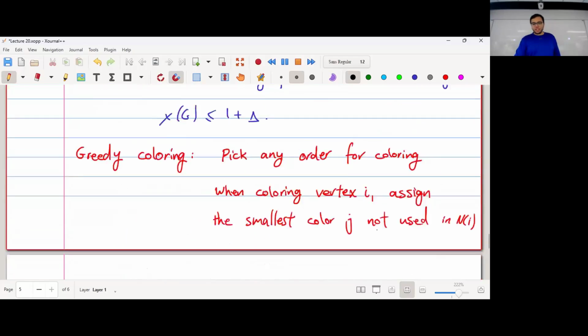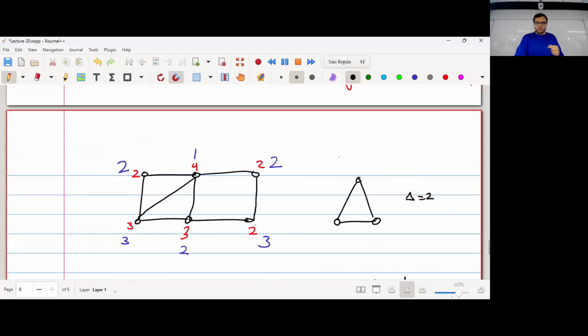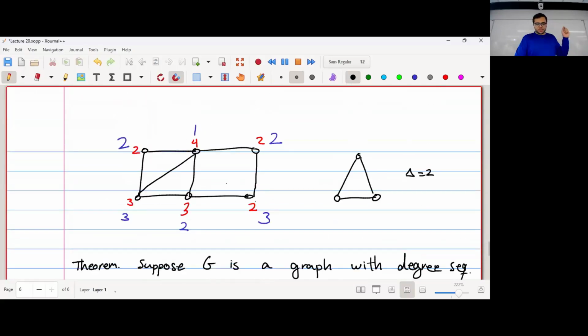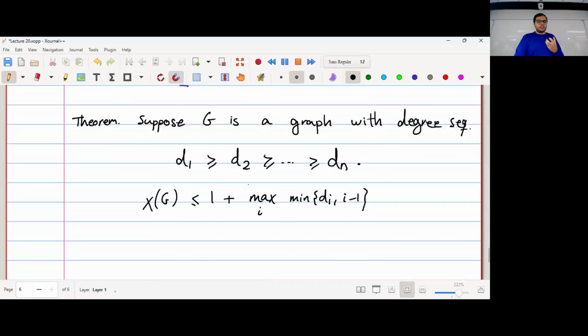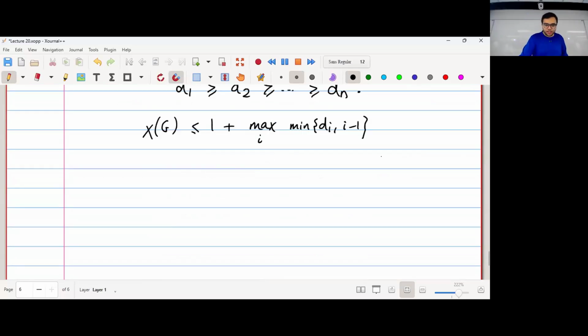People knew this algorithm, the greedy coloring, and then they were thinking, okay, suppose that instead of picking any order, I pick the order of decreasing degrees. So I start with the highest degree and I start coloring like that. And then they were thinking, okay, let's analyze this algorithm and see what kind of bound it gives us. And this is the bound that it naturally gives, and we're going to see that.